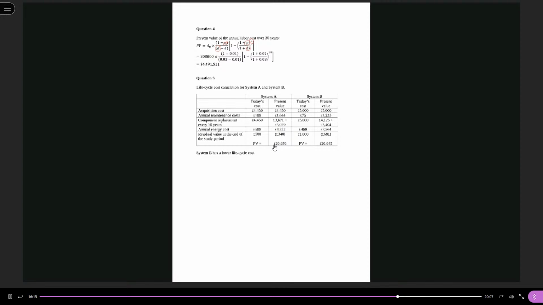For question 5, the study period is 20 years. So for calculating this 1,644, we put 100 into A0, E is 3%, D is 5%, and the number of years is 20 years.